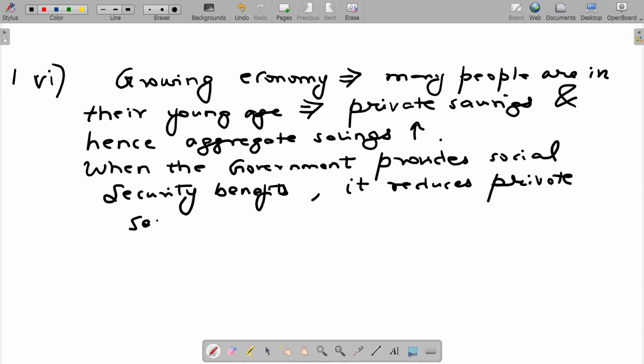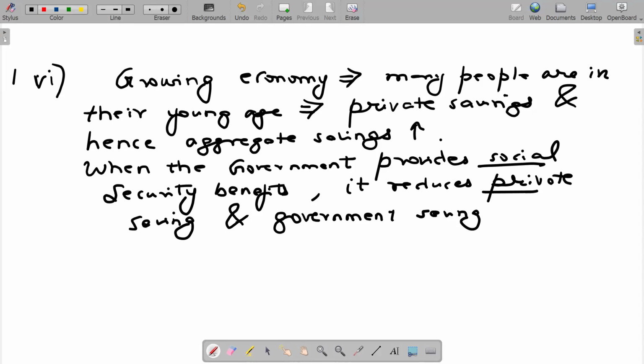When you are getting help from the government in the form of social security, it reduces your private savings and the government savings as well. Obviously, the government is providing you with money only from its own piggy bank. So when the government provides social security benefits, the private savings fall because you are getting help from the government. It demotivates you to save on your own. And the government is providing it to you from its own savings, so government savings also fall.